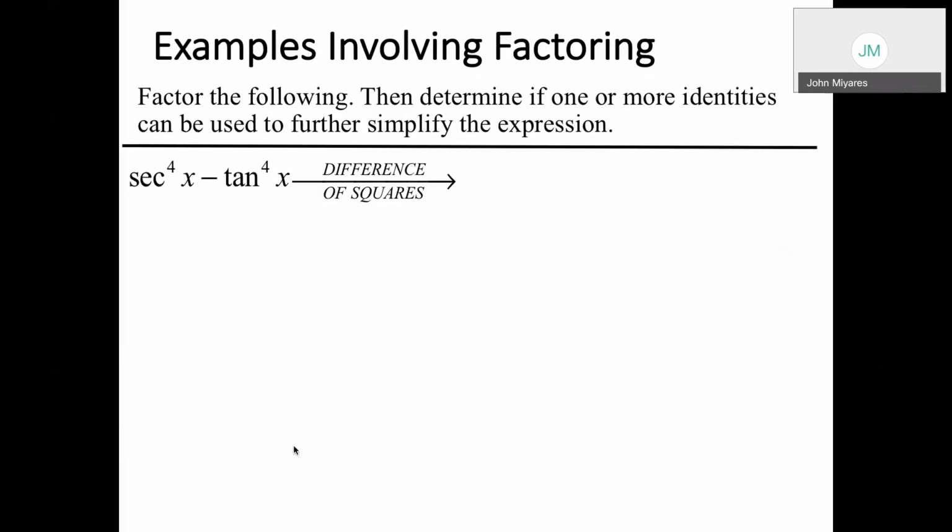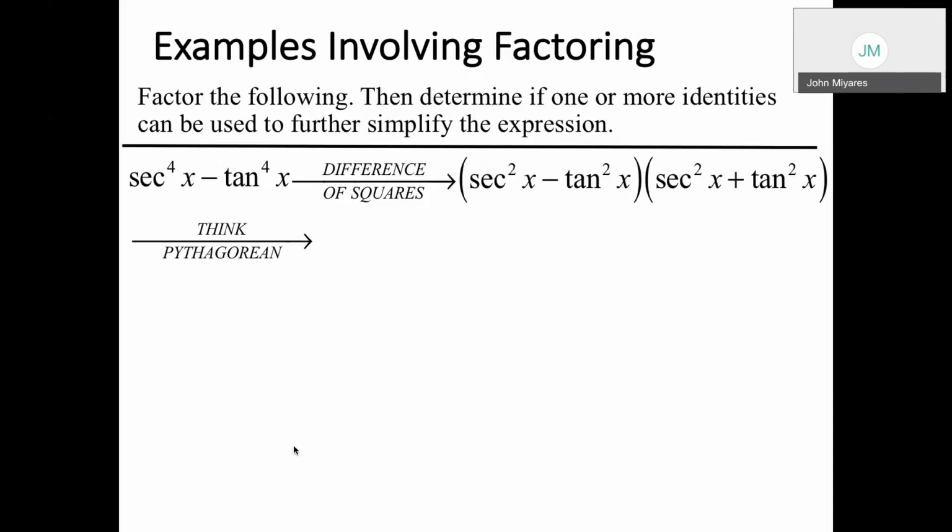Following the pattern, this can break down as secant squared x minus tangent squared x times secant squared x plus tangent squared x. From here, again, what I see are a bunch of squared terms, so perhaps a Pythagorean identity may be of use.